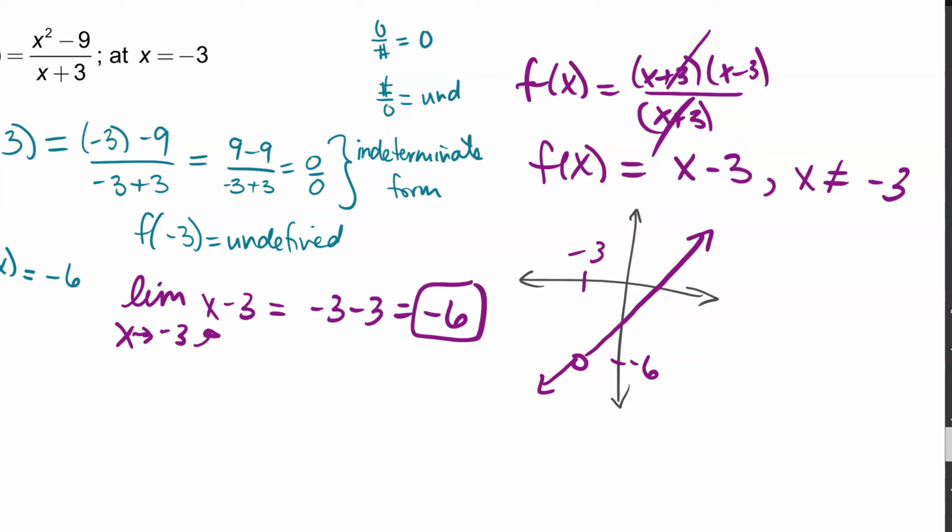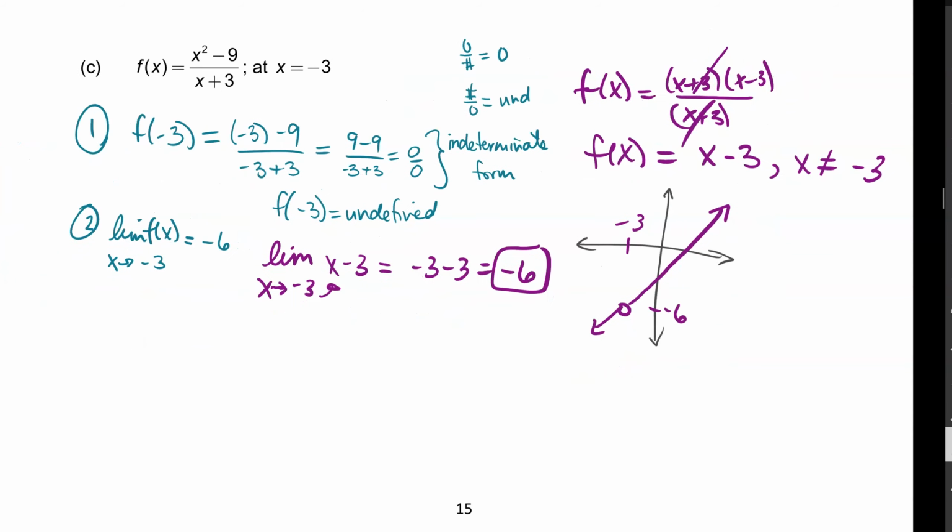If you have a removable discontinuity, after you cancel out the term, you can find what the y value would be if it was defined. I think it makes sense showing it to you here.